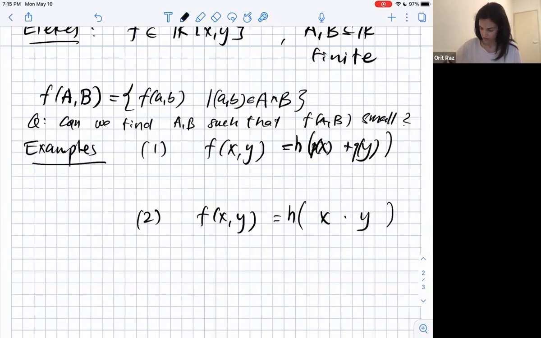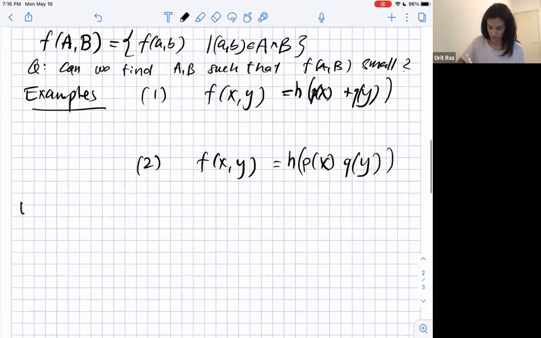And here, again, I can take p of x instead of x and q of y instead of y. And this is essentially the x times y example. And Elekes asked, can one find other polynomials of two variables that have this phenomenon, that even though we have here n squared pairs, the set is small?